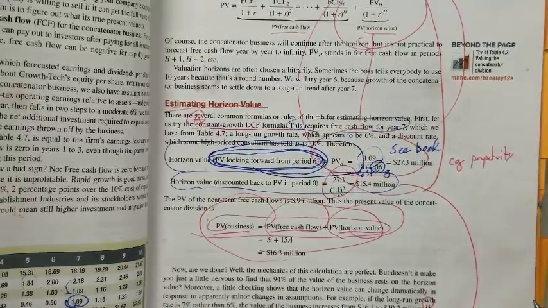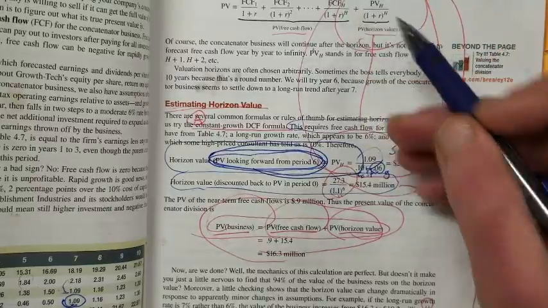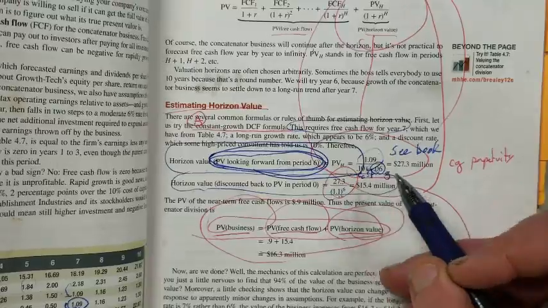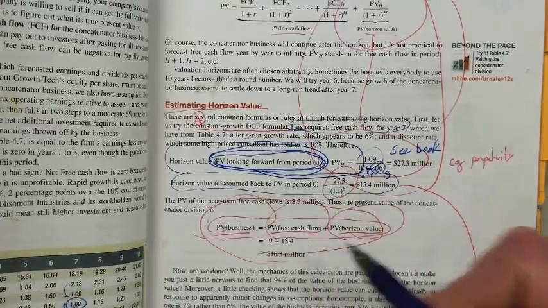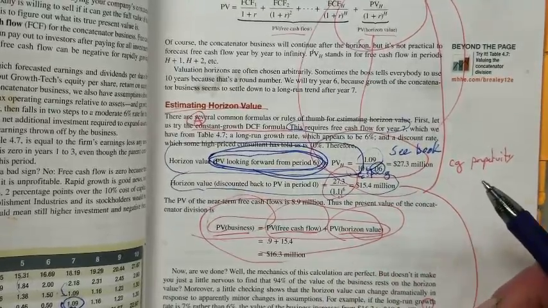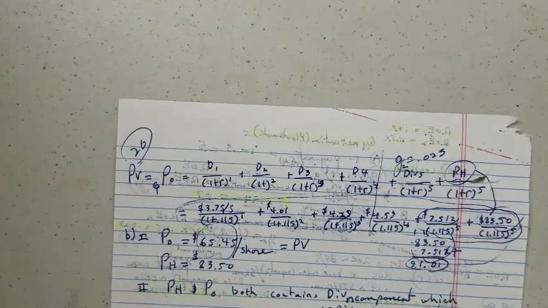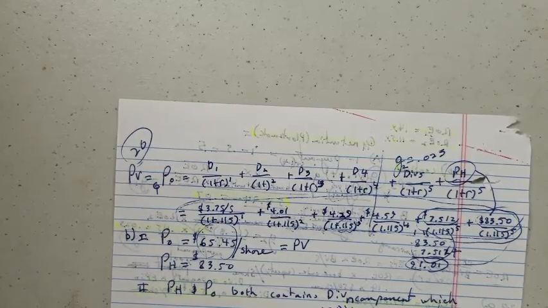And then you want to take that horizon price and bring it back into time zero along with the rest of the free cash flows. In number 26, I spell it out and give you guys the solution via video.